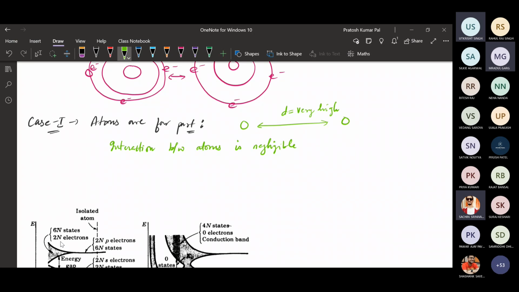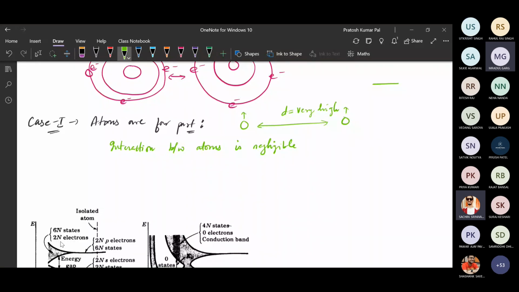If interaction is negligible, then whatever energy level the outer electron has, the same energy level will be of this atom and this atom also.